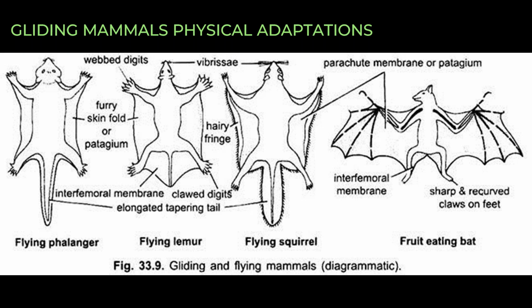And let me tell you, all the gliding animals have a streamlined body, because that's how they have to cut through the air. That is how their physical adaptation has happened. But mammals have a few extra things.